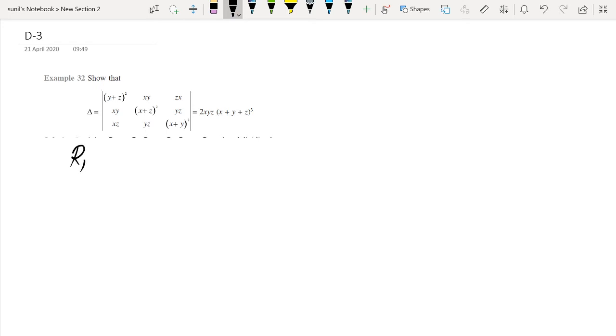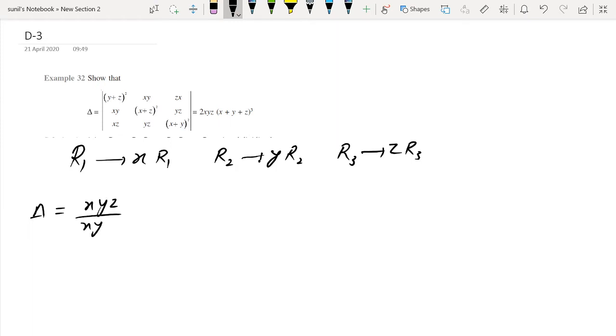So on R1 I multiply by X, R2 I multiply by Y, and R3 I multiply by Z. So therefore this delta will be equal to XYZ upon XYZ.